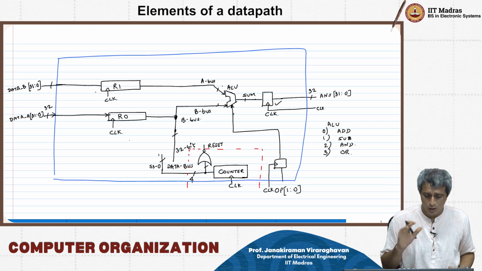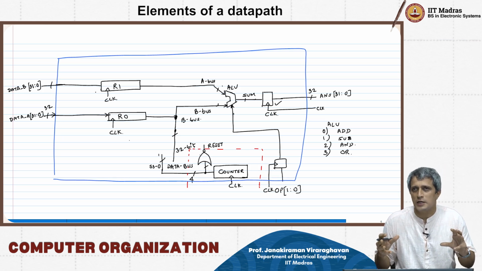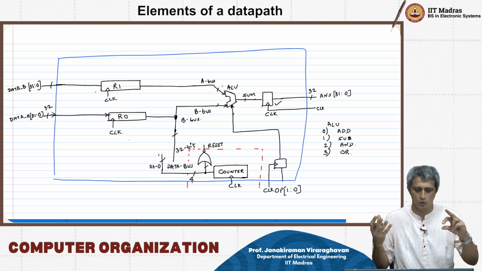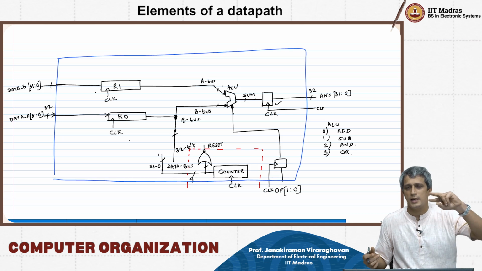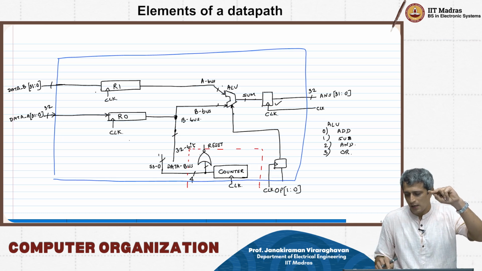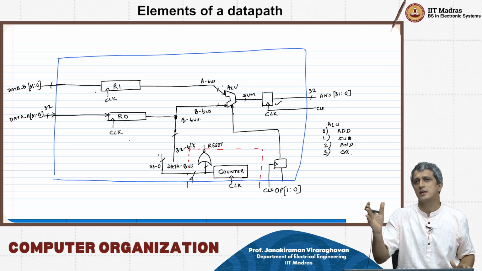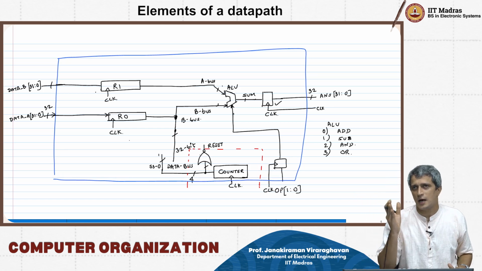So therefore what we have now is slightly more generic. I can feed 2 numbers on the A bus and B bus, and depending on the opcode I can choose to do any of these 4 operations on that, and the answer is available in the answer register.